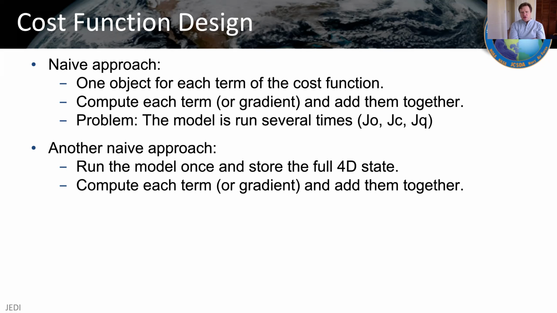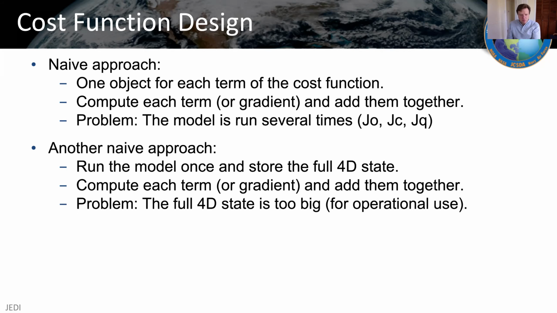And then you compute each term of the gradient and add them together. Now that's also, on paper, something that looks good. The problem is it's way too big. There is no way you could store on any existing supercomputer a full 4D state at operational resolution and at every time step of the model. It's just not possible.